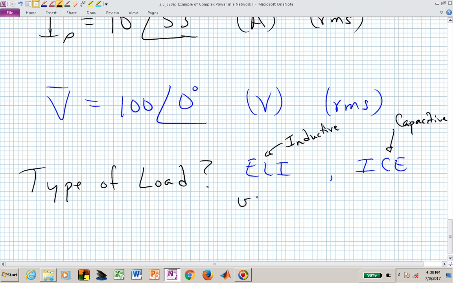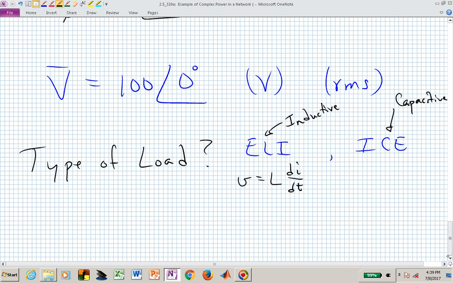For the inductor, ELI says V is equal to L di/dt, but just ELI tells us where the current is relative to the voltage, and the current in this case lags the voltage. It's after the voltage.